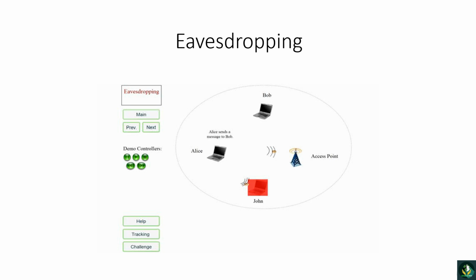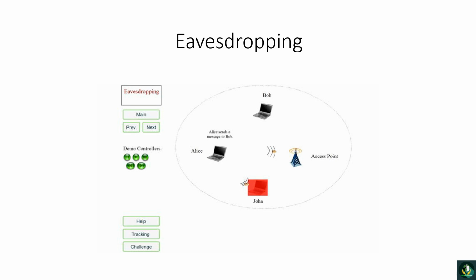The sequence of the picture is like this: first, John sets his NIC to promiscuous mode, which allows John to capture packets between Alice and the AP. Alice then sends a message to Bob. The packets are sent from Alice to the AP and then forwarded by the AP to Bob. John captures the message since his NIC is configured to promiscuous mode and its radio is tuned to the communication channel between Alice and the AP.